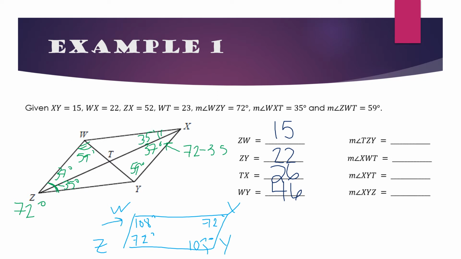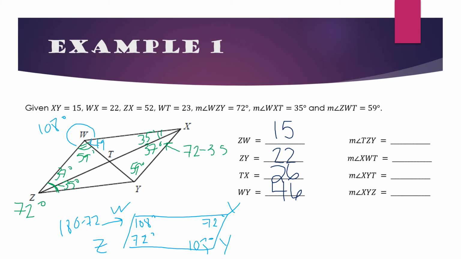Okay, and again, that came from that these two angles have to be supplementary. W and Z have to be supplementary. So 180 minus 72. So if I know that that whole angle W is 108, to find that missing part of that angle, if I do 108 minus 59, that's going to give me 49 degrees.